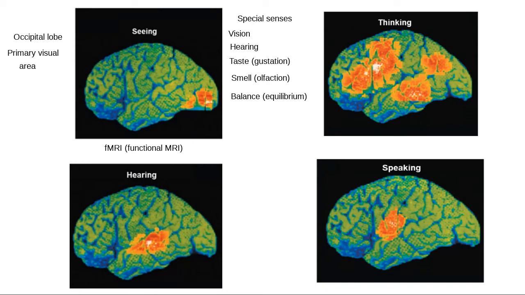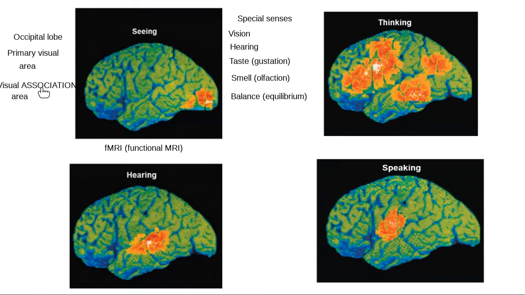So right next door to the primary visual area, I'm also going to have, oops, let's see if I can move it here. I'm going to have what's called the visual association area. Visual association area. I know it's slightly chopped out, but you can see it kind of.